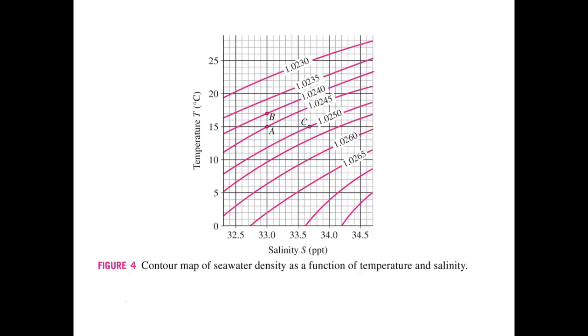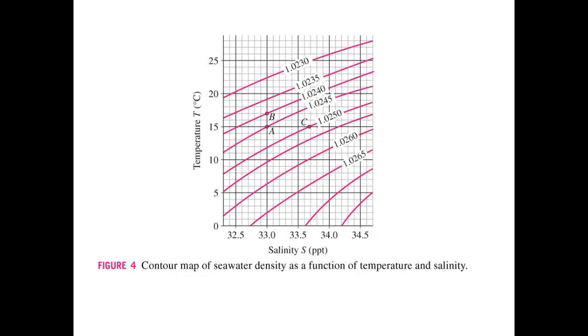So how is the density changing per temperature? Well, what they've done here is just go up the temperature scale. You're going from A to B, just picking those two.